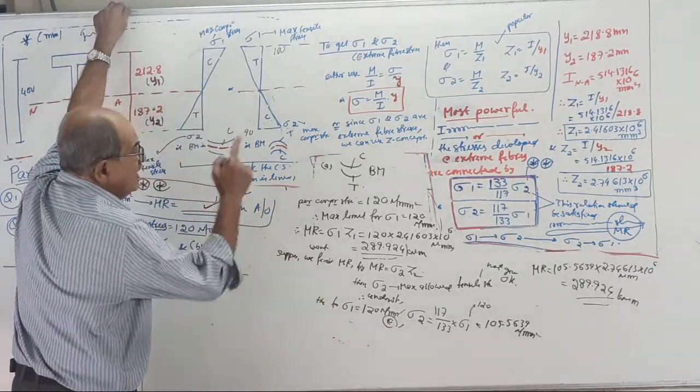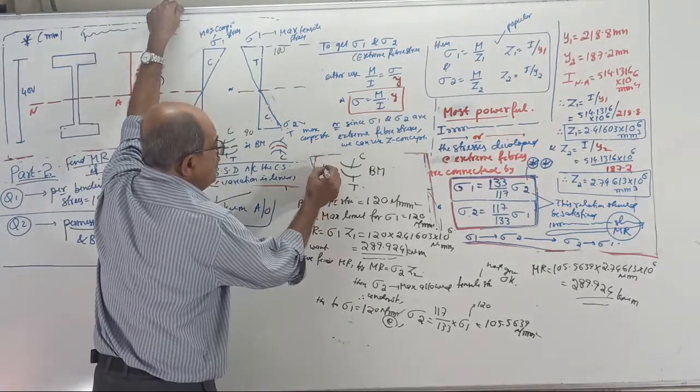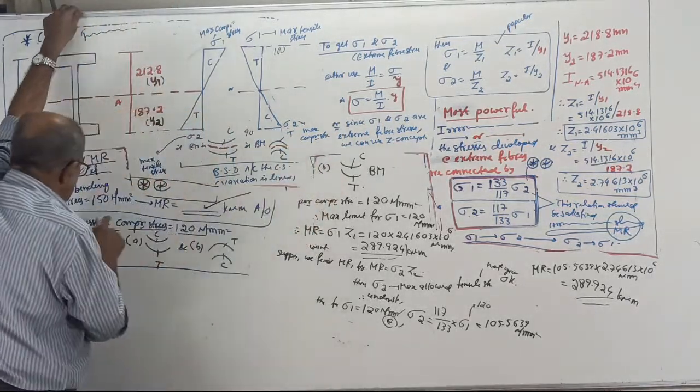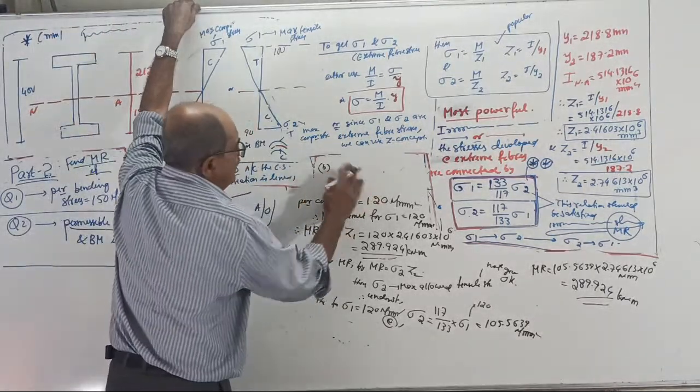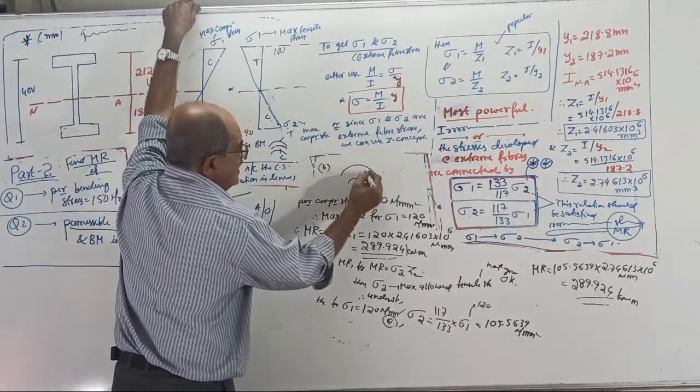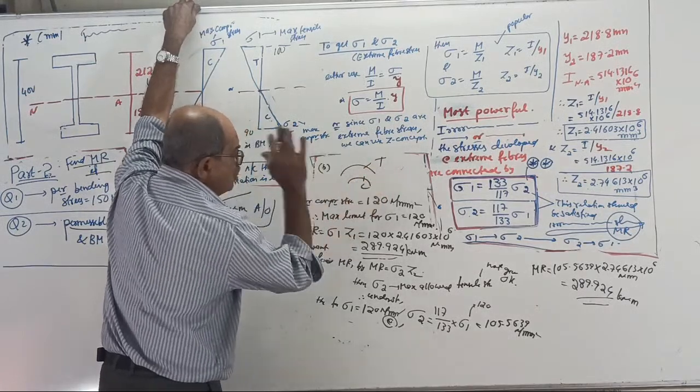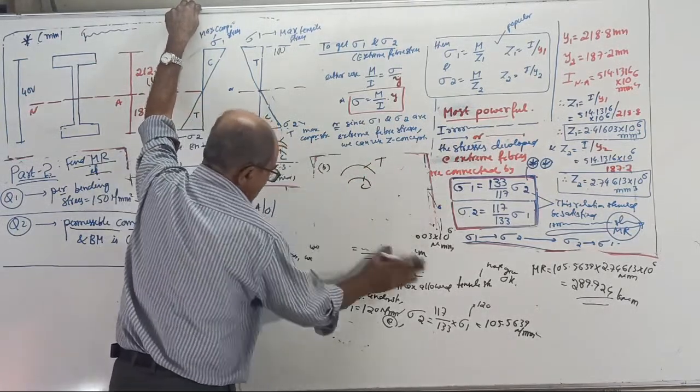Now do one thing. Same question, part B. Same data, permissible compressive stress is 120, but they told BM is hogging. Tension, compression, now a new question. So tell me the answer now.